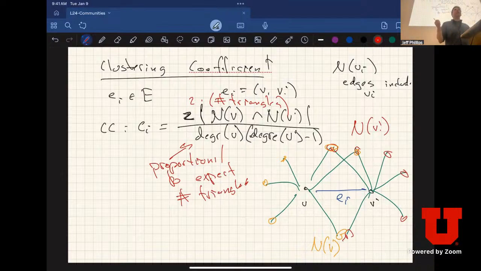It would be a really strong edge if it has a large number of shared triangles proportional to the expected number of shared triangles. Okay, this is called the clustering coefficient. And this is like what you said, this is scoring an edge based on how many triangles it's part of. But it's typically done relative to the degrees of the vertices, because otherwise it's not fair.